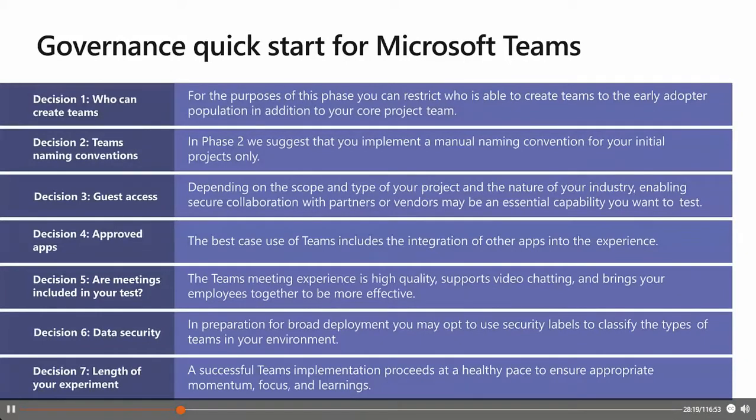Obviously, on the other hand, we need to have a preparation for the broad deployment. So we may opt to use security labels to classify the types of teams in your environment. For the purposes of the experiment, we recommend that you refer to the plan for the governance features in Microsoft Teams, and ensure that a basic retention policy has been set on Microsoft Teams data in your Microsoft 365 or Office 365.